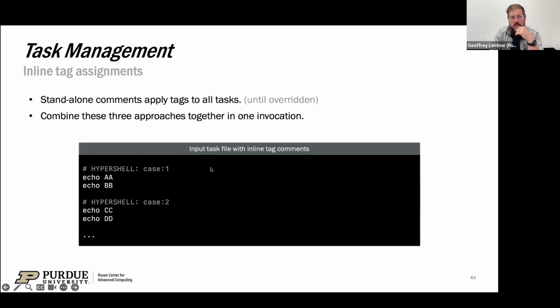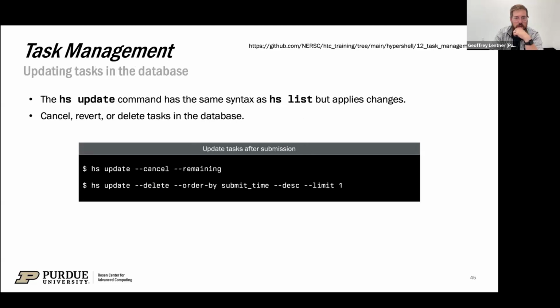But in addition to these, there's also group levels. This is a new addition. It can be helpful to have bunches of things, and you can combine all three of these at the same time. So this is really helpful.